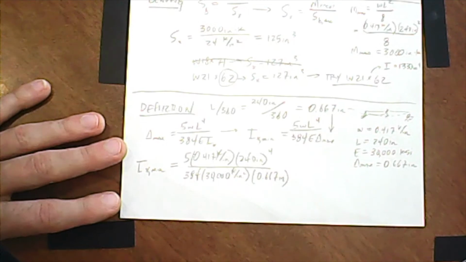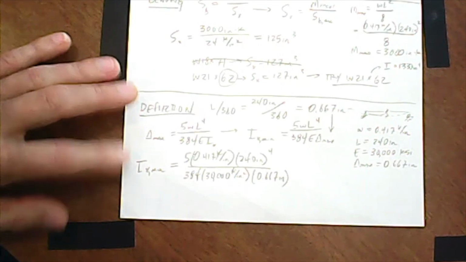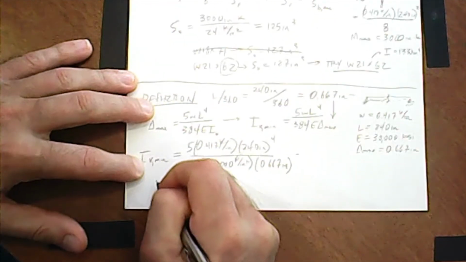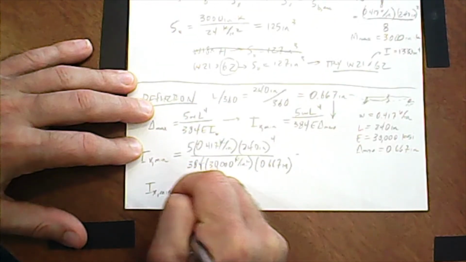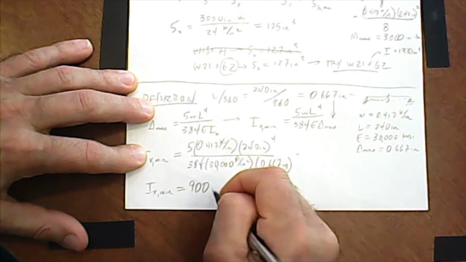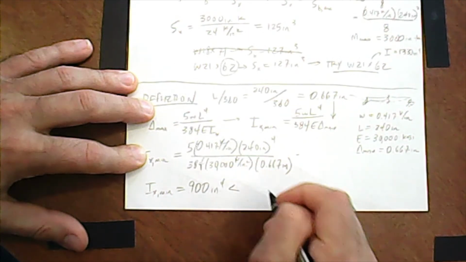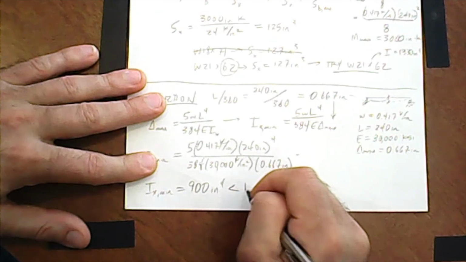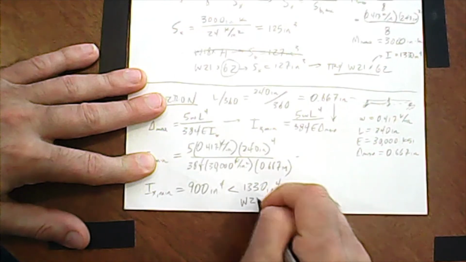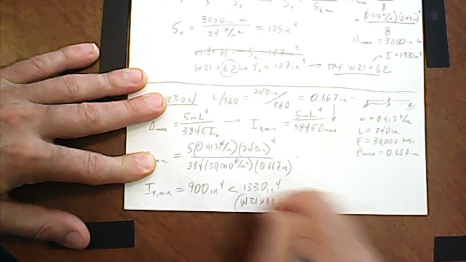And I will run through this number. So we end up with an Ix min equal to 900 inches to the 4th, which is less than 1330 inches to the 4th for the W21 by 62.